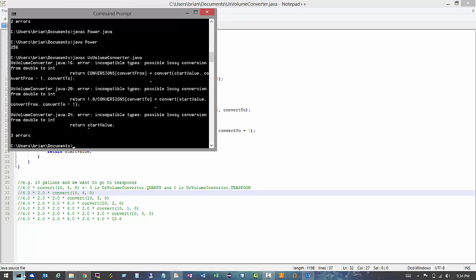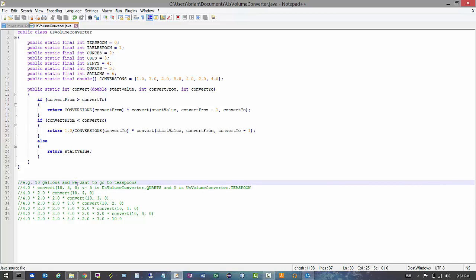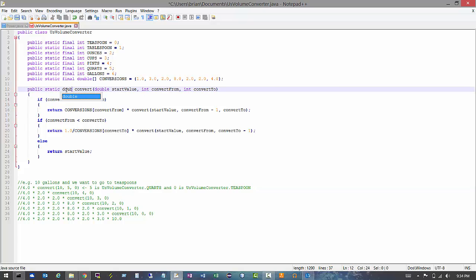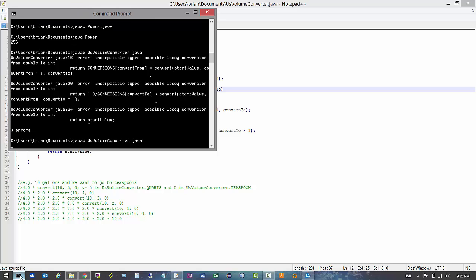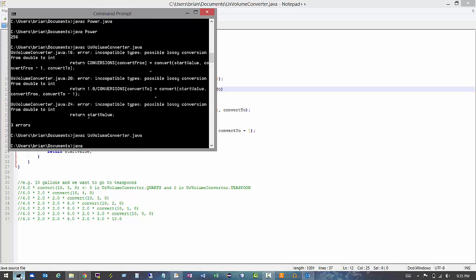I'm a little confused. Let me look at it one more time. Multiply. Start value came in as a double. It's leaving as a double. Conversion sub convert from. That's coming in as a double. It's going out as a double. Convert from -1 to convert to. Oh, can't believe there's my mistake. Very simple, very simple. Let's see if that cleared up everything or if I still got. Nope, that was it. Sorry about that.